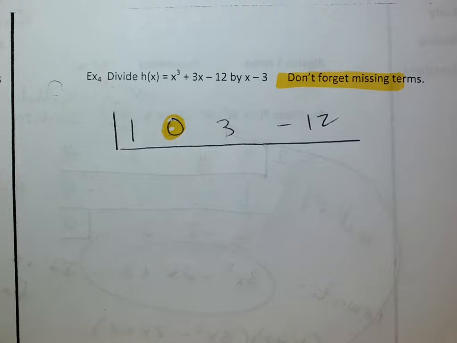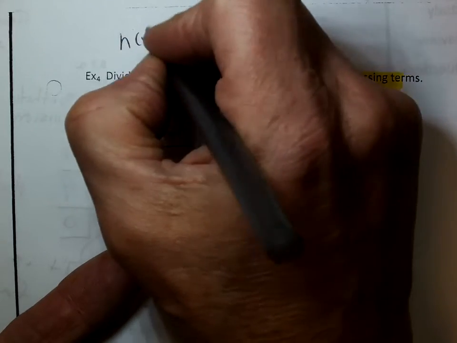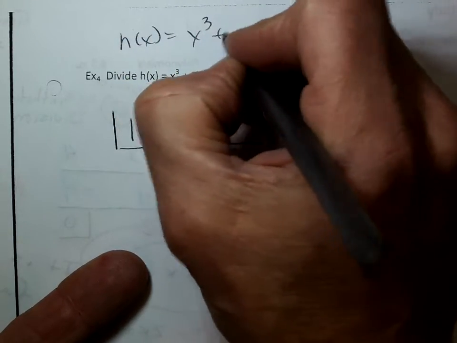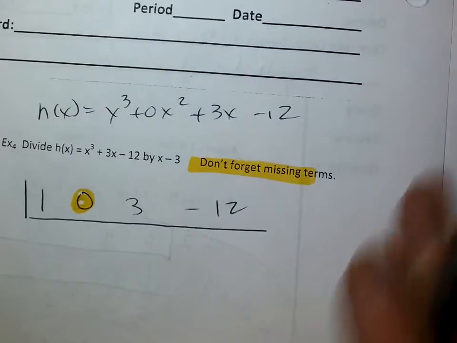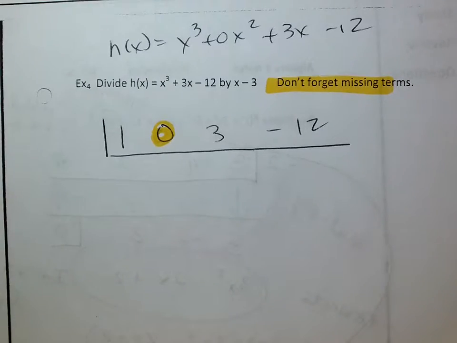Exactly. I got an x cubed, but there's no x squared term. So I could have written this as h of x equals x cubed plus 0x squared plus 3x minus 12. Now you have to have the missing term. You've got to put it in there.